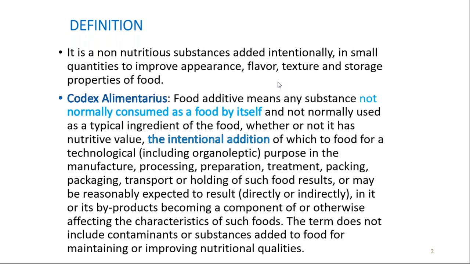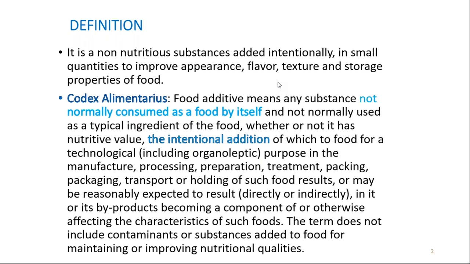And when you look at a food additive, its byproducts generally become a component of the food, even if they are degraded. That is why if a food additive is added to a food, it must be listed in the list of ingredients.